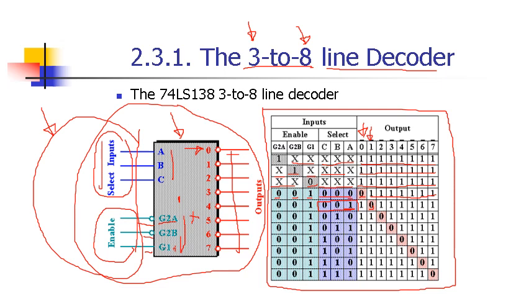If you are communicating with the fifth memory chip, you provide 101 at your input select lines, and you connect this chip to your fifth output line, because this is the only line which is low. And this is how your 3 to 8 line decoder works, and how you connect it to microprocessor based systems when you use more than one memory chip.